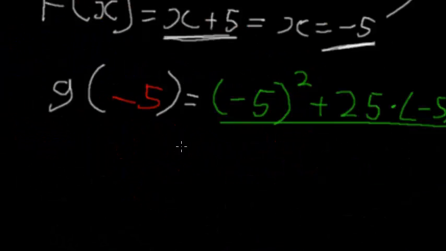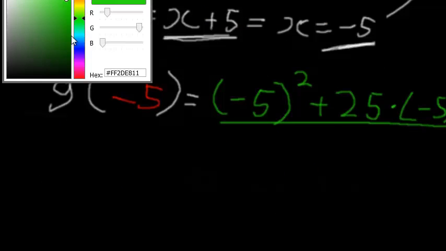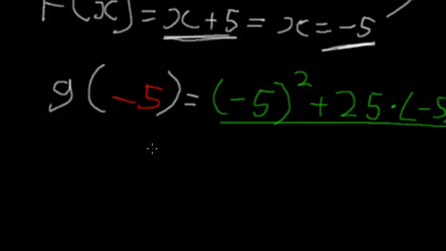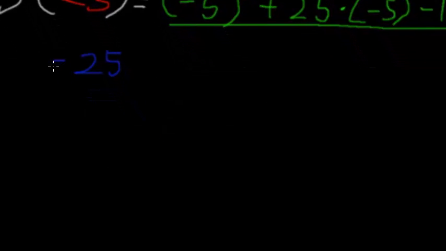So let's solve this. So we have here, let me turn this to a different color, negative 5 squared, so that's 25, right? And then we have here 25 times negative 5, which is negative 125 minus 10. So then from that we got negative 100 minus 10, negative 110.